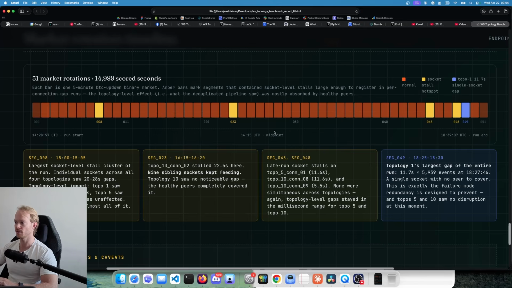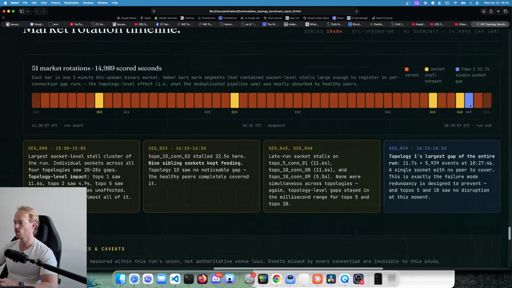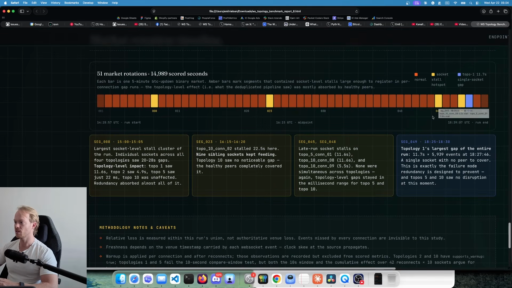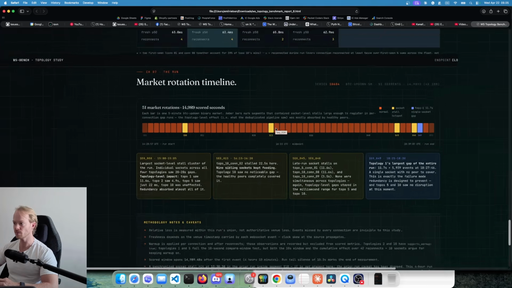And here we stall again, and then we actually have a gap of 11 seconds. So we saw the 11-second gap here with a single connection. I think this is where several connections shine, when you have a trading bot running for a long time. You will have these gaps in your connections, and having a backup connection can address this.